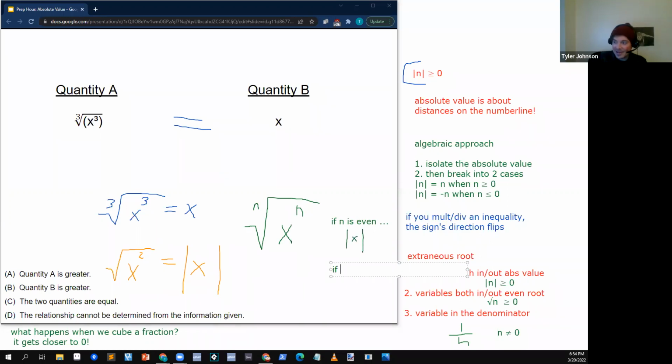But if n is odd, then that's the case we just looked at. It's equal to x itself. So careful with those even ordered powers and roots. They can behave a little counterintuitively sometimes.